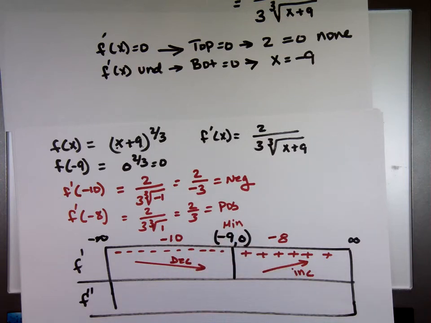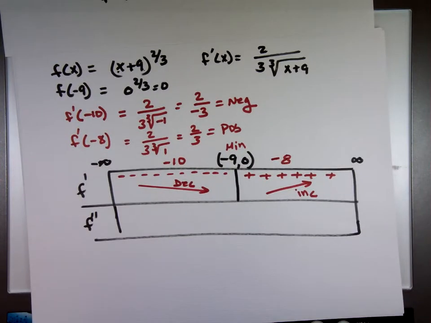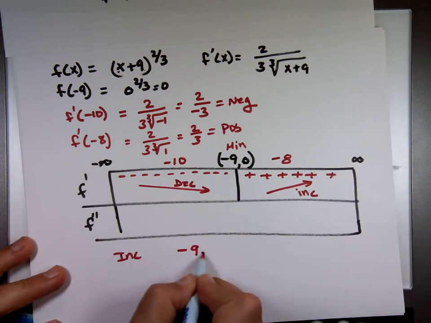Critical numbers: -9. That's the first answer. They just want the x value, so x equals -9. For part A, where is it increasing? Increasing from where to where? From -9 to infinity.